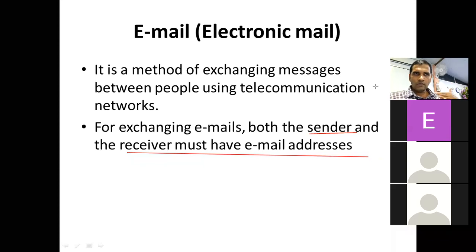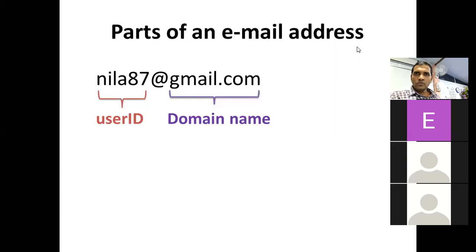If both of us have email addresses, then it is possible to transfer emails, right? Okay, so let's see how an email looks like, right? So this is how an email address looks like. nila87@gmail.com. This is an example of an email address. Generally, an email address has two parts.